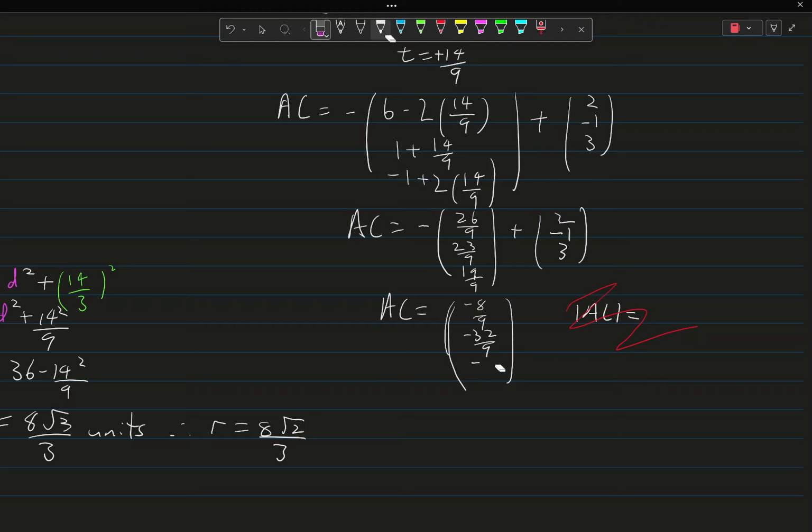So then the bottom one should be 8/9. And the answer will be 8√2. Okay, we got there in the end.